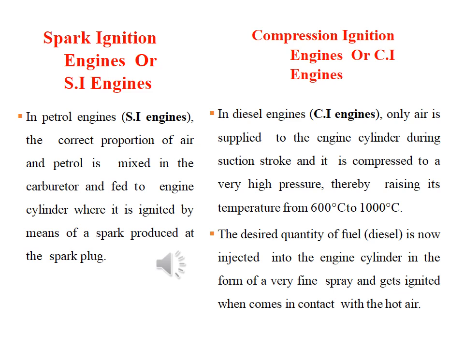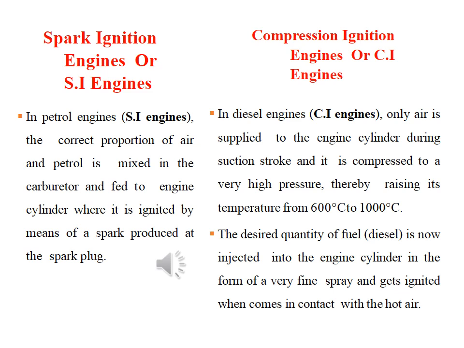You have already covered this in your second year, but just see the basic difference. In petrol engines, the correct proportions of air and petrol are mixed in the carburetor and fed to the engine cylinder, where it is ignited by means of a spark produced at the spark plug. So petrol engines are spark based engines.